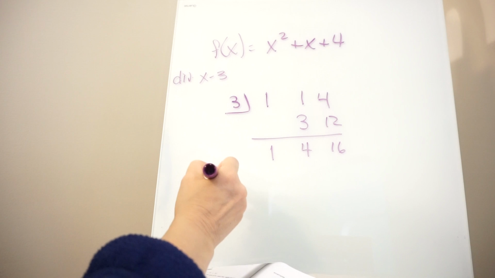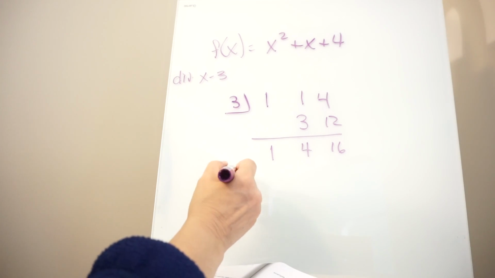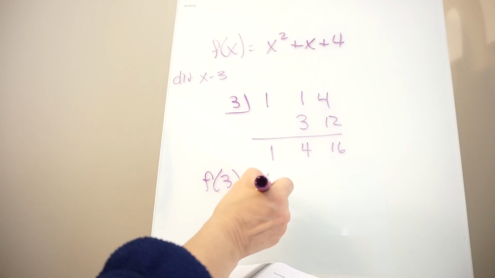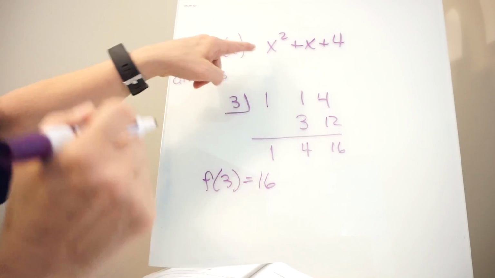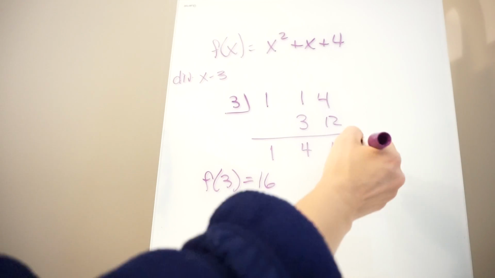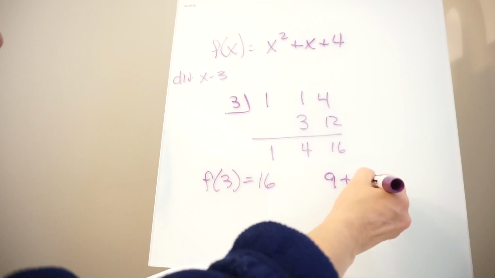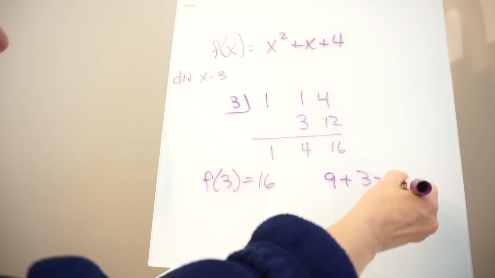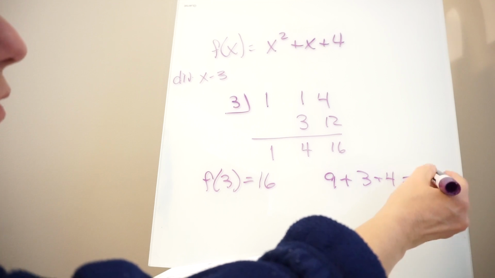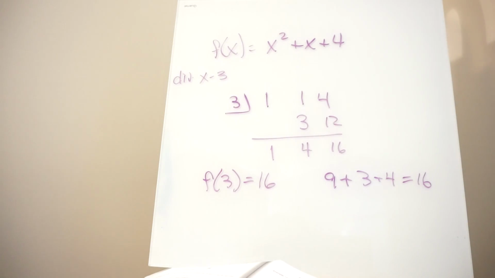So f of 3 should be equal to 16. Well, let's try it. If we put 3 in there, we would get 9 plus 3 plus 4, and that is equal to 16.